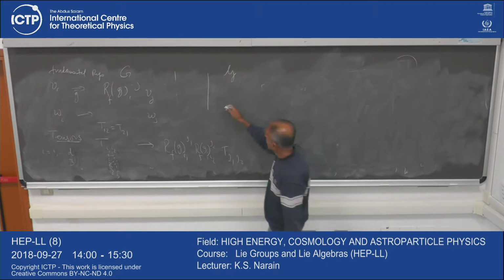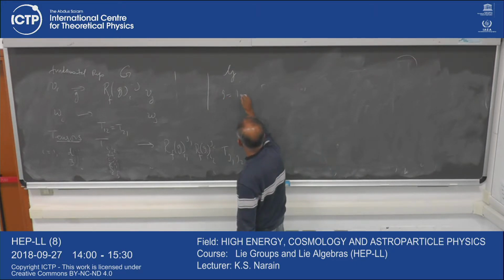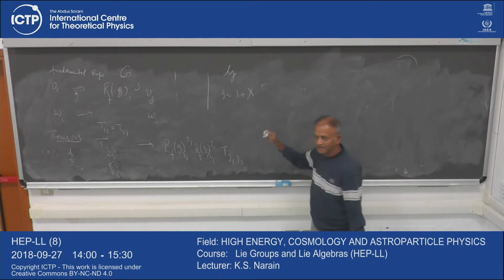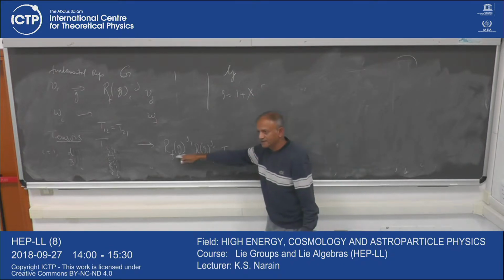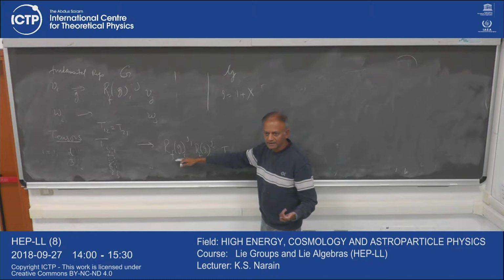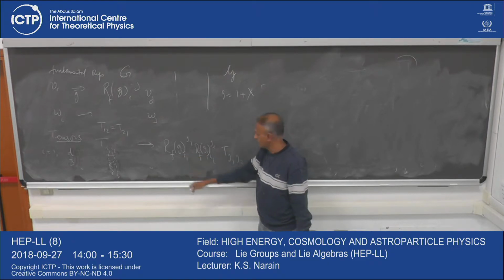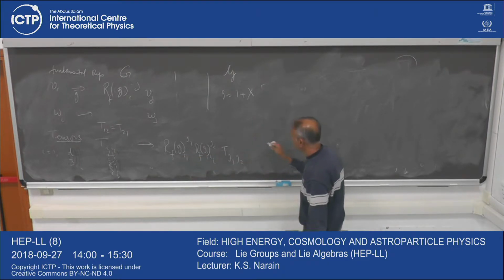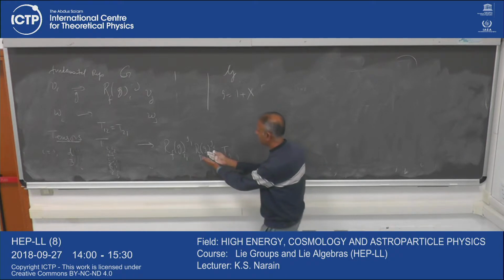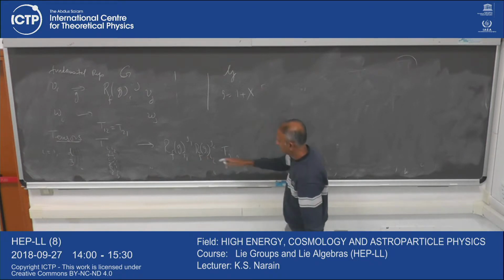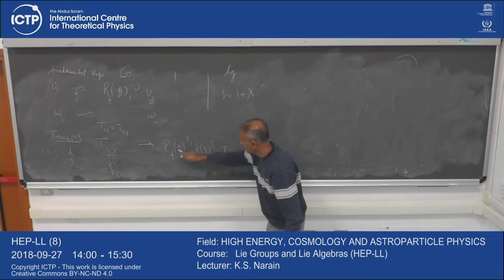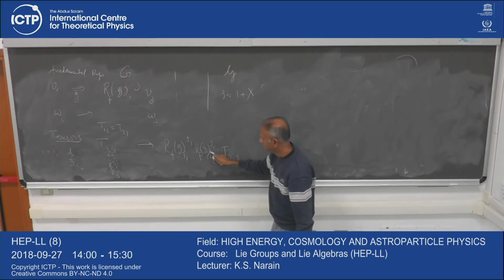This just means that I'm taking g to be 1 plus some small infinitesimal thing, and then substituting that here and taking the first order in x. That's all I was doing. So you'll get a sum of terms. For example, I can put 1 plus x here and 1 plus x here.